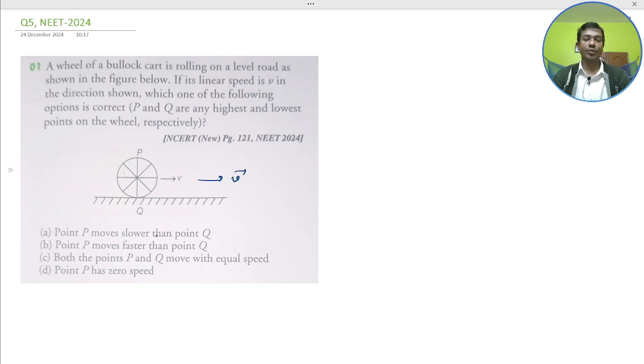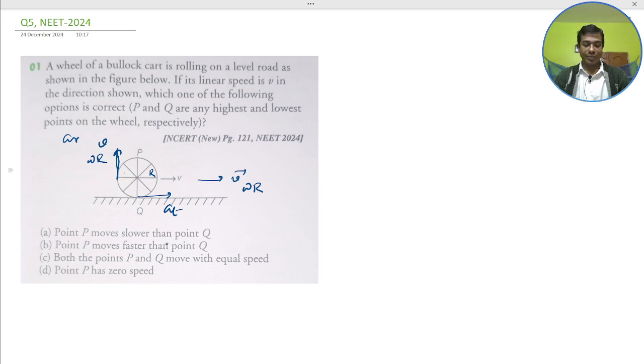So does point P move slower or faster? In this, with P and Q and the direction of v, basically omega r, where r is the radius of the wheel, the tangential speed v is equal to omega r. This is one direction and this is another.